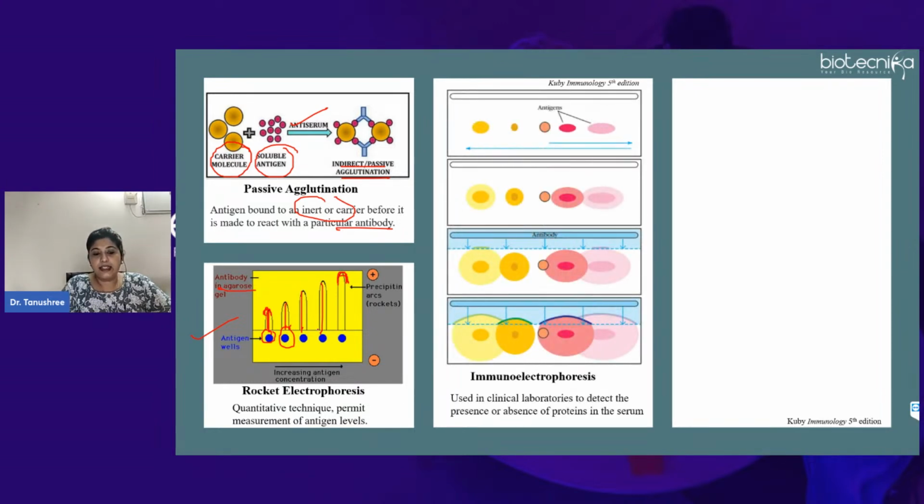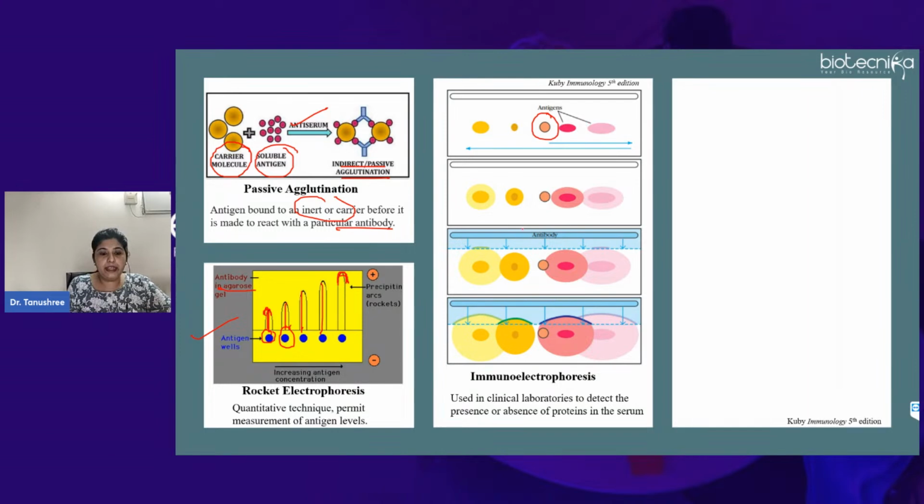And then another technique given was immunoelectrophoresis. Now in immunoelectrophoresis, you have a mixture of antigens and you are going to separate this mixture. First you perform electrophoresis to separate the mixture of components by charge.